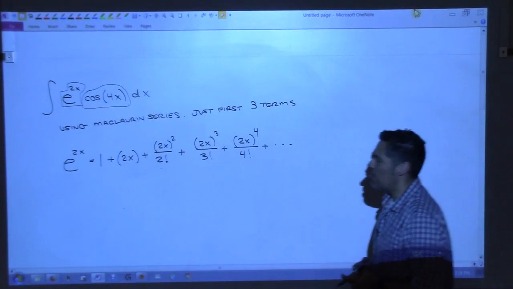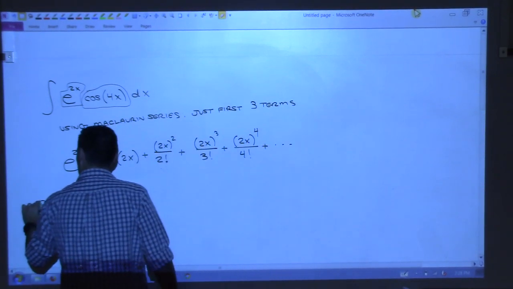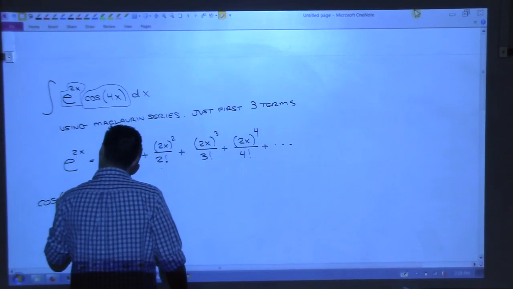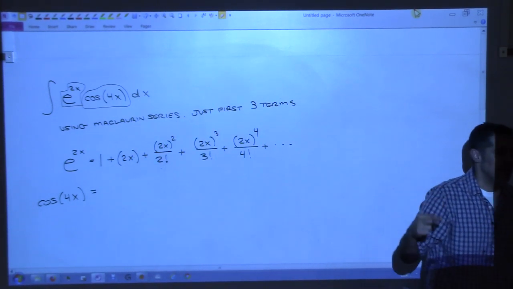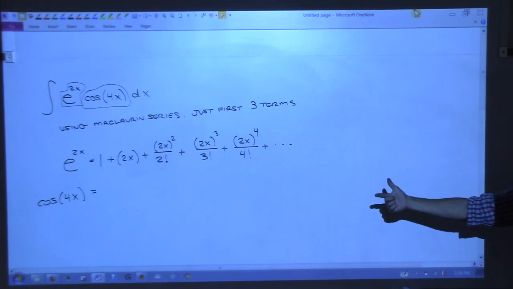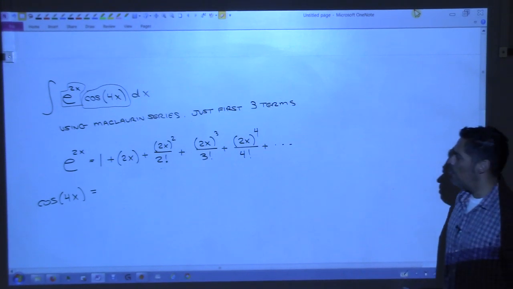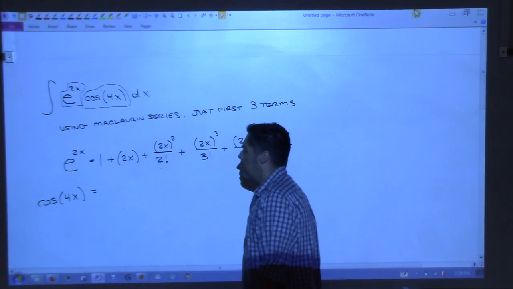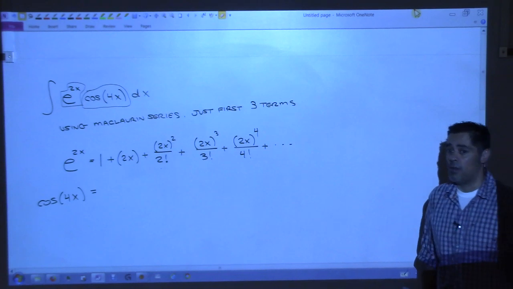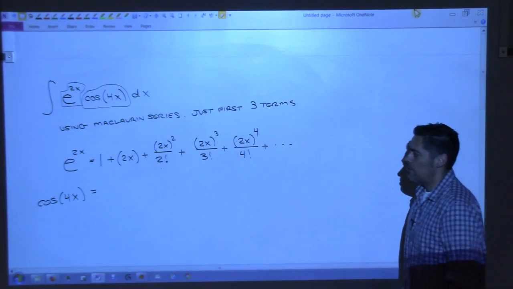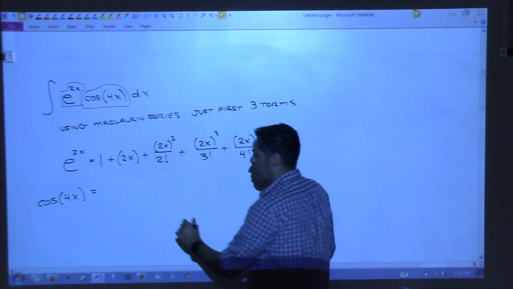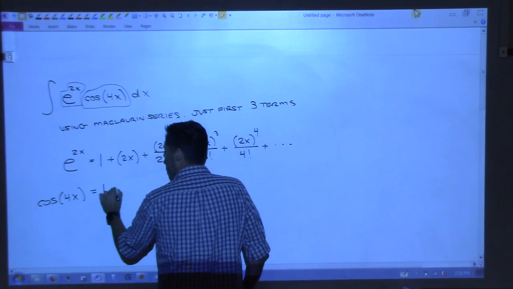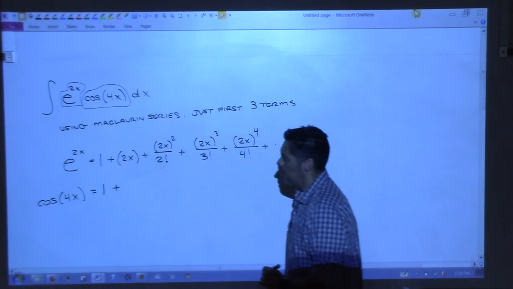Now, what is cosine of 4x written in its Maclaurin series? You're going to write out the cosine series replacing x with 4x, right? So what's the series for cosine? Well, cosine is even, so it starts at 1. Then plus, or is it minus?